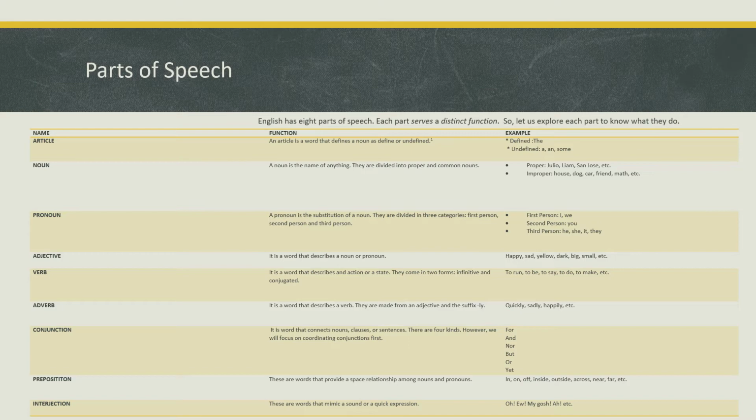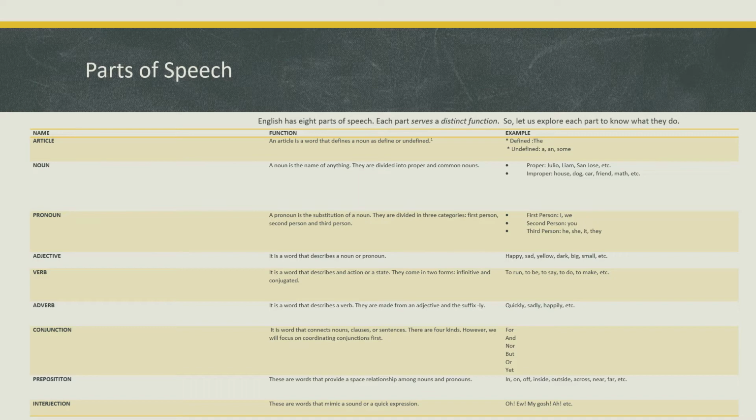So when we are talking about a noun, then we don't want to repeat ourselves. We use a pronoun. For example, my sister works at the county office, period. She drives there every day.